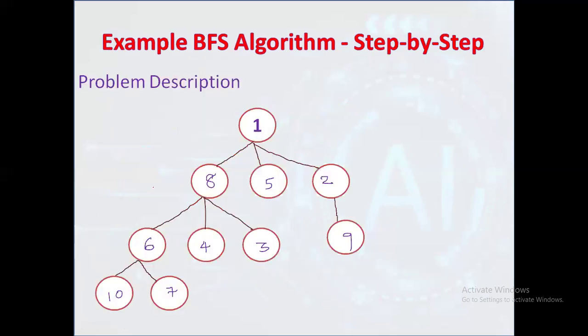So we'll see the problem. This is the problem description. Here we have the starting node, which is the parent node, then the first level of nodes, and these are all the child nodes.